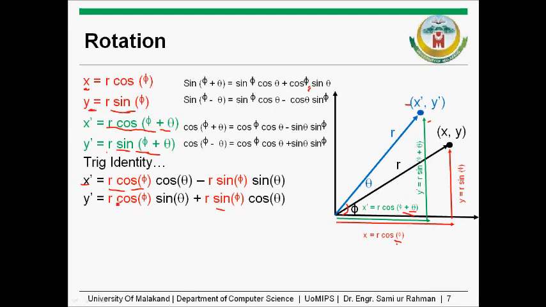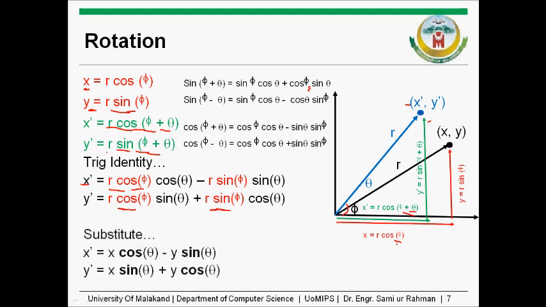So we have these different quantities. I have just colored these so that you might have some intuition for this. So we replace r cos phi with the x component of the vector before rotation, and r sin phi with the y component before rotation.